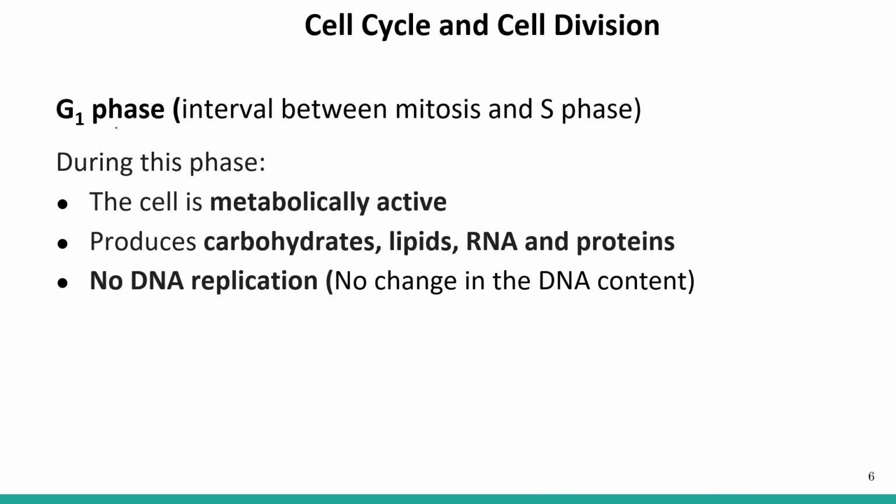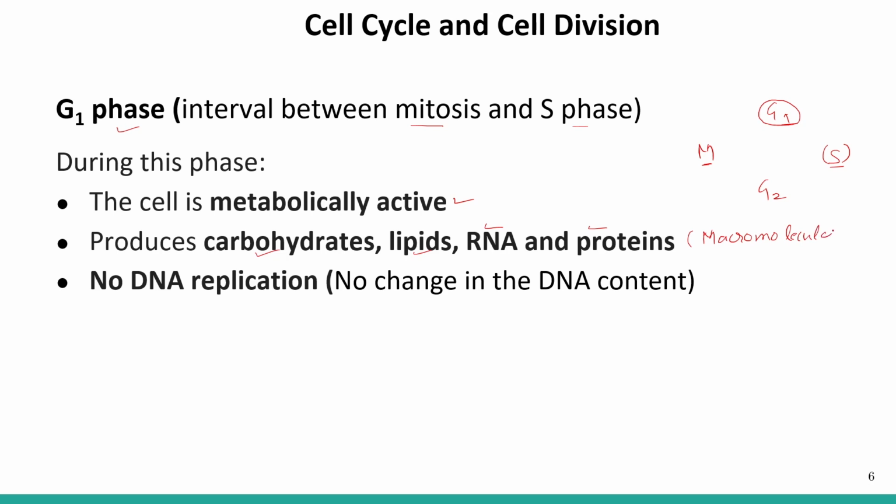Then let's talk about the G1 phase first. It is the interval between mitosis and the S phase. We have the G1, S and the G2 phase. So it is the interval between the mitotic phase and the initiation of DNA replication. This is what G1 phase is. During this phase, the cell is metabolically active. There is production of a lot of carbohydrates, lipids, as well as RNA and proteins, so macromolecule synthesis is taking place here.